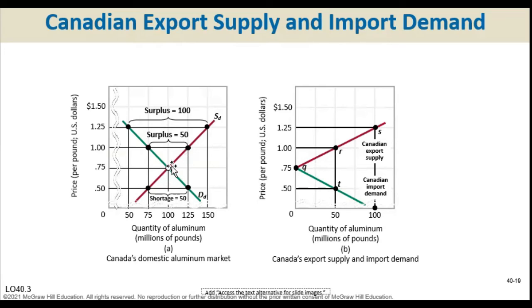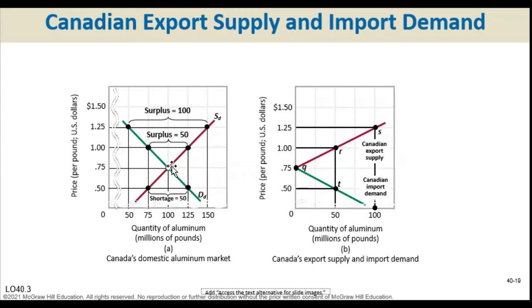Again, the domestic price is at 0.75 and the quantity produced is 100. So if the world price is $1, you see that the domestic supplier will supply more and the demand is less, so that creates a surplus, right?